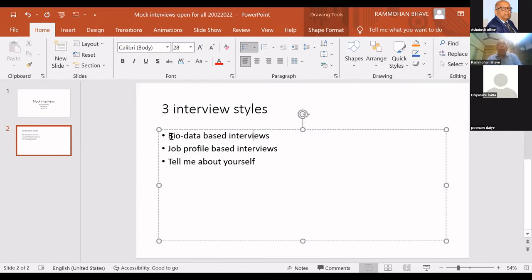Now, biodata based interviews are normally held in the first round to screen out the people.